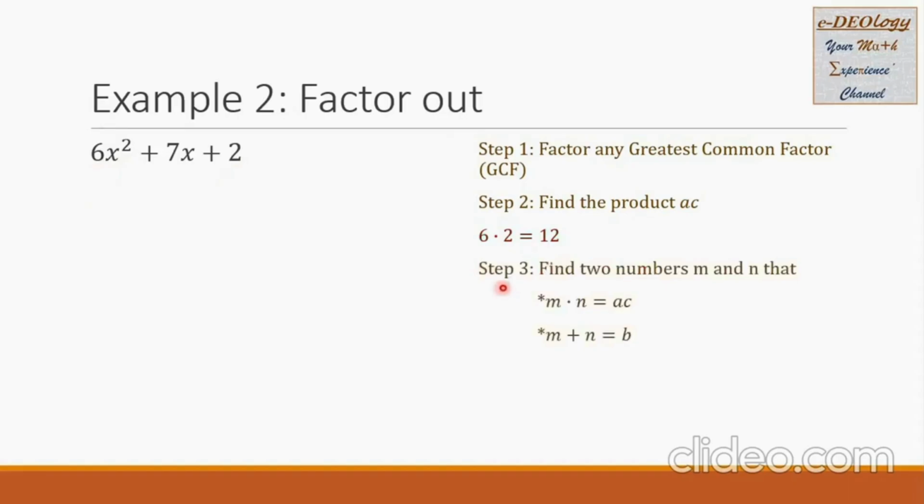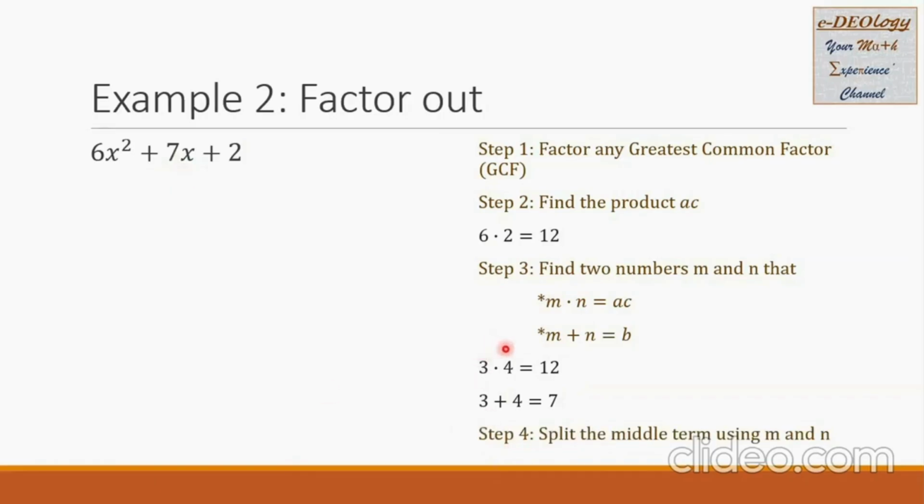And then step 3, we're going to find two numbers, and these two numbers are factors of 12. And at the same time, if we add the two numbers, it must be equal to b, and that b is that number 7. After considering many pairs of factors, we found that 3 times 4 equals 12, and that is the AC, and 3 plus 4 equals 7, and that is the B. So now we're going to split this middle term using the m and n.